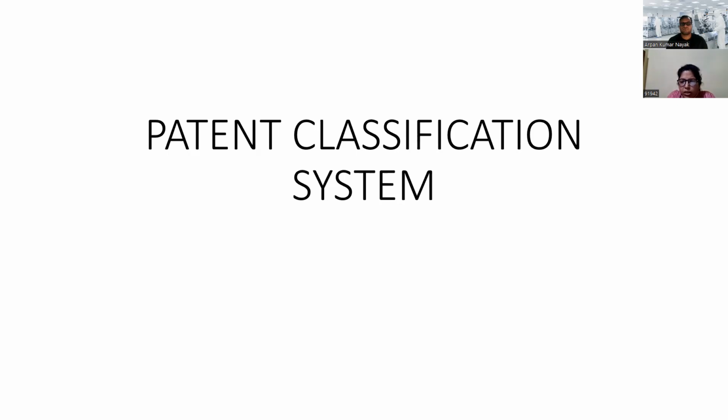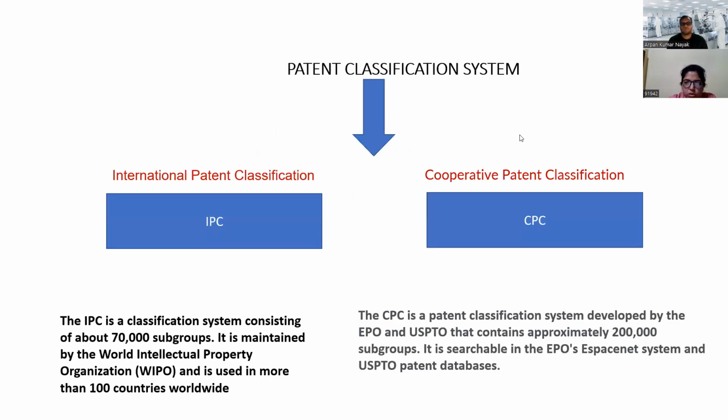In the patent classification system, broadly we talk about two systems: the International Patent Classification system, or the Cooperative Patent Classification system. These two systems are mostly used in our country. So we call them the IPC system and the CPC system.